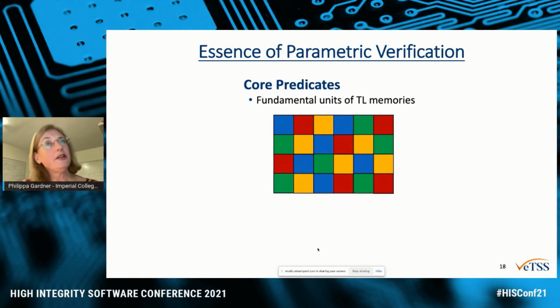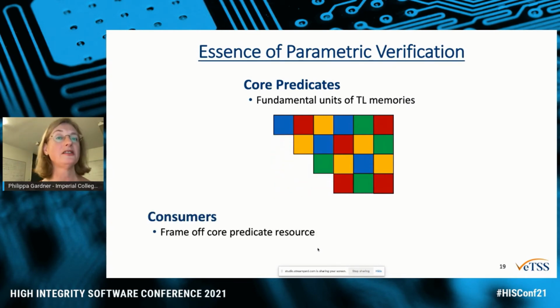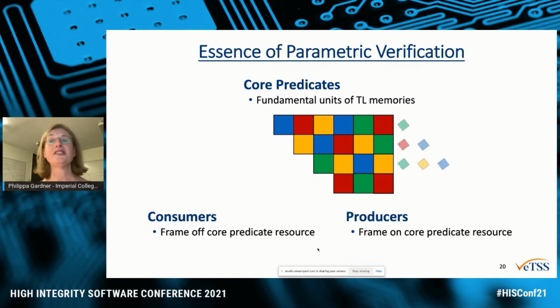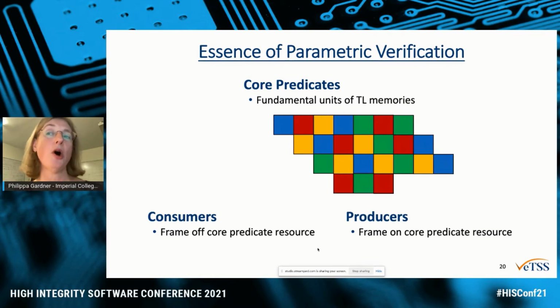And these tiny units are going to be described using these core predicates. And associated with core predicates are consumers, which frame off the resource described by the core predicates. And we have producers, and producers frame on the core predicates' resource. Core predicate resource means the resource described by the core predicates.